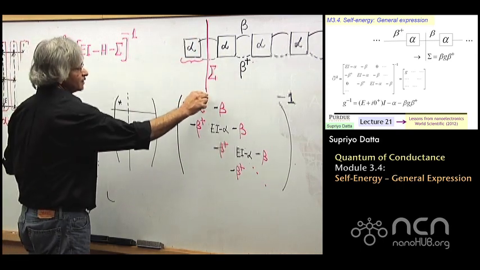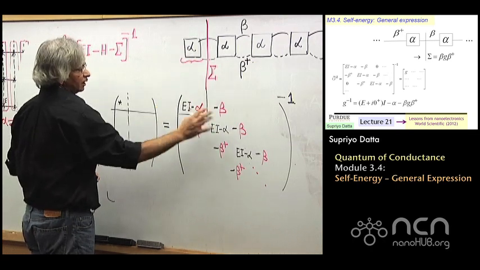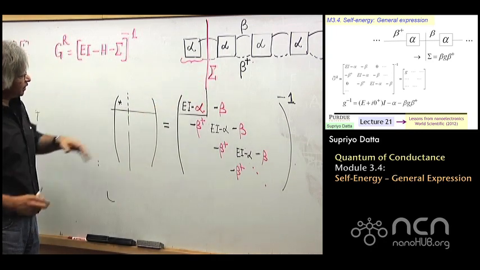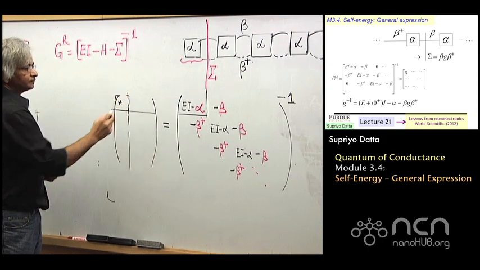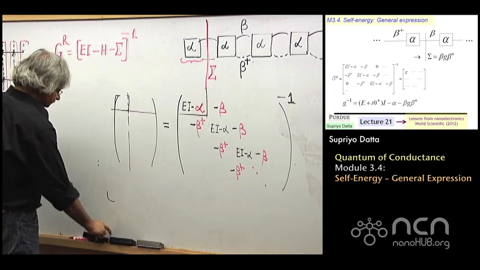Remember, this first thing is this channel part. The rest of it comes from the rest of the wire. So after I invert it, I'm only interested in that element, and let me give that a name, say G, small g.